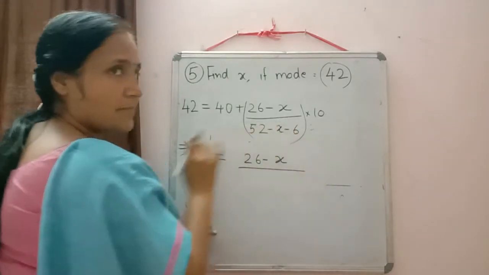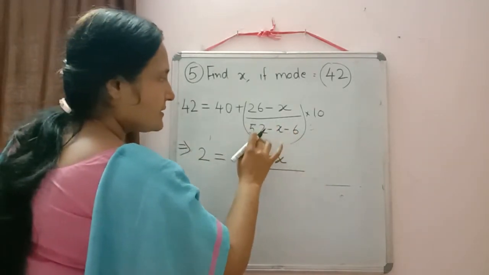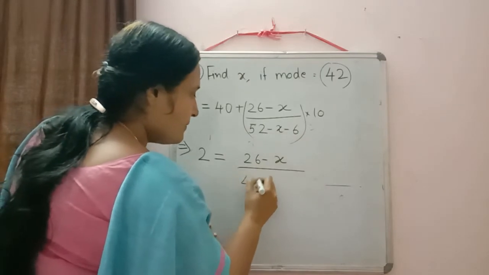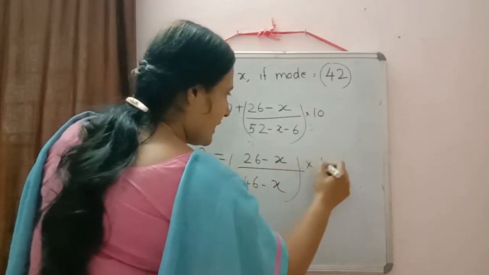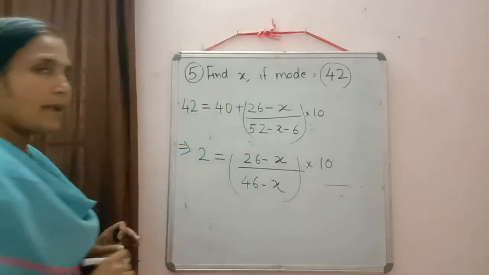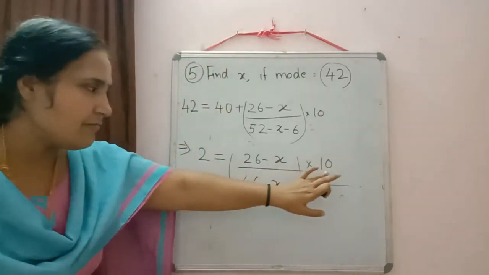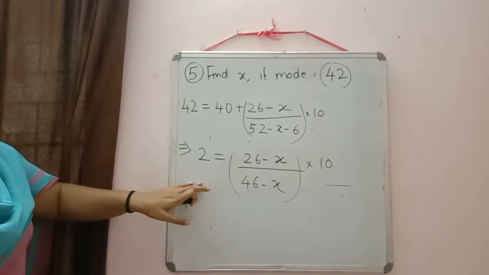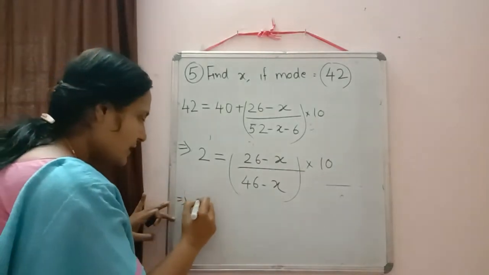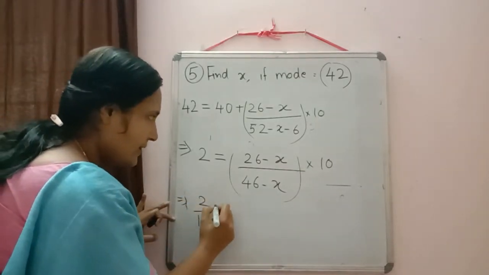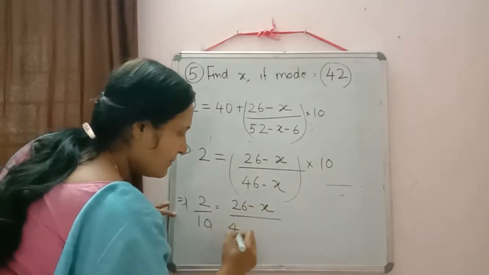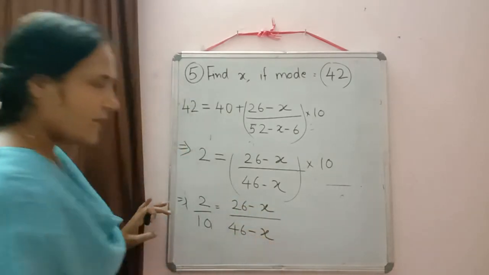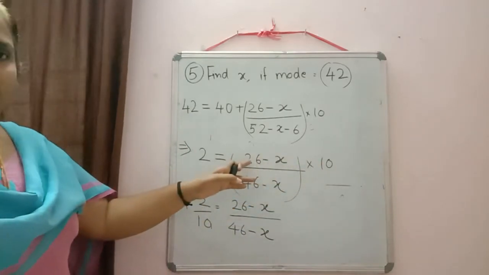These two we can subtract. 52 minus 6 will be 46 minus x, into 10. Here 10 is multiplied. So when you shift 10 to the left hand side, it will get divided. So we will get here 2 by 10 is equal to (26 minus x) by (46 minus x). If you want, you can multiply 10 here also.